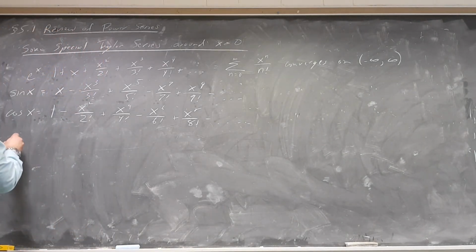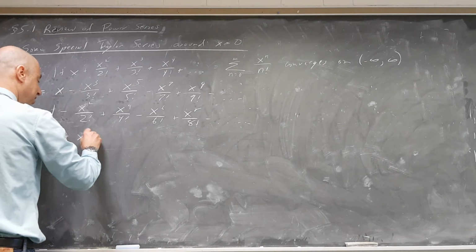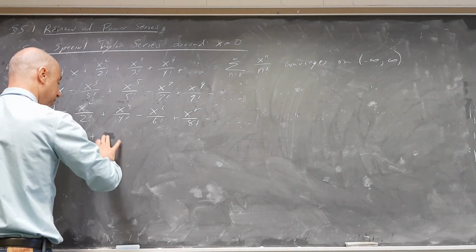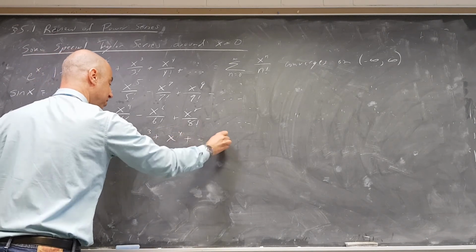But there's one more Taylor series I want you to commit to memory, and that is 1 over 1 minus x. And the Taylor series for this, it's a very nice, simple looking Taylor series. It's 1 plus x squared plus x cubed plus x to the 4th plus and so on.